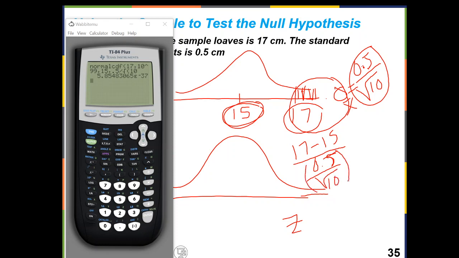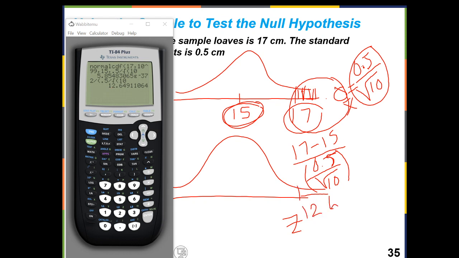So what is that? Well, let's see. 17 minus 15 is 2, divided by 0.5 divided by the square root of 10. That's 12.64. So that number is 12.64.